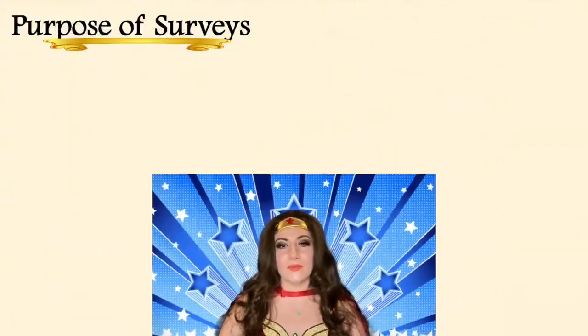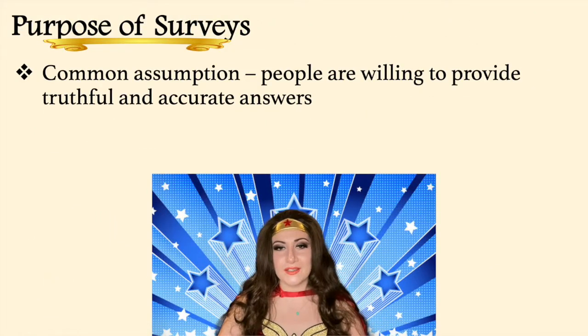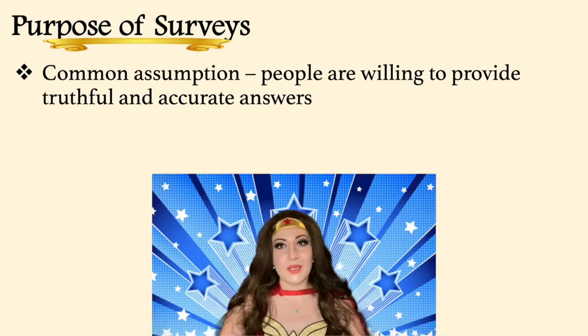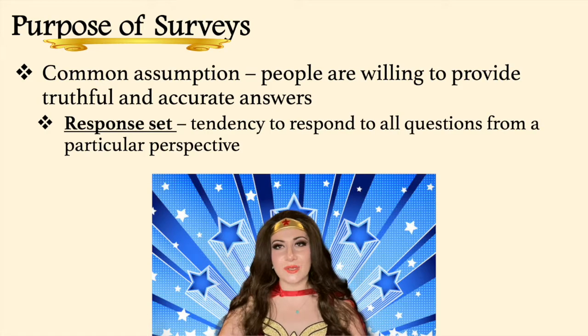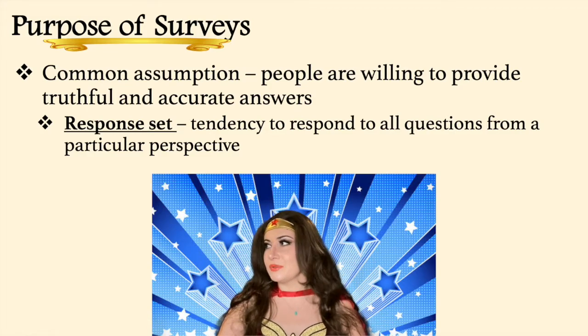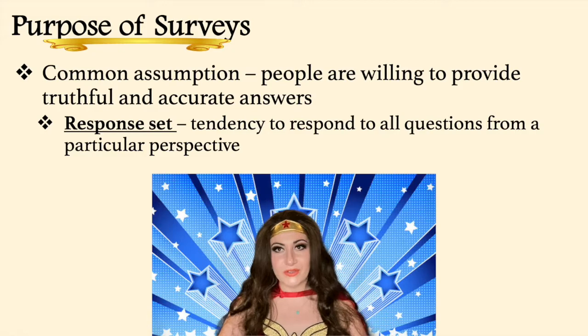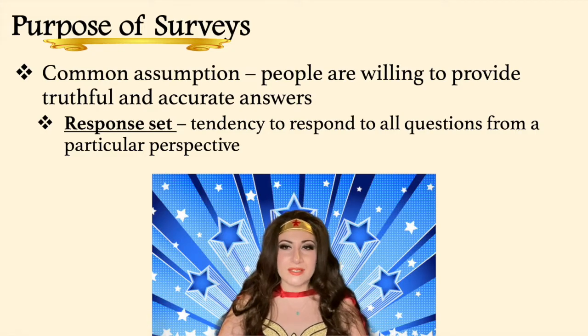Related to that point, we have the common assumption that people are willing to provide truthful and accurate answers. But what we have realized is that participants develop what is called a response set. A response set is the tendency to respond to all questions from one particular perspective. For example, if you're asking participants a question about how social they feel, and question 1 says, on a scale of 1 to 5, I feel like I have many friends, and they say 5.